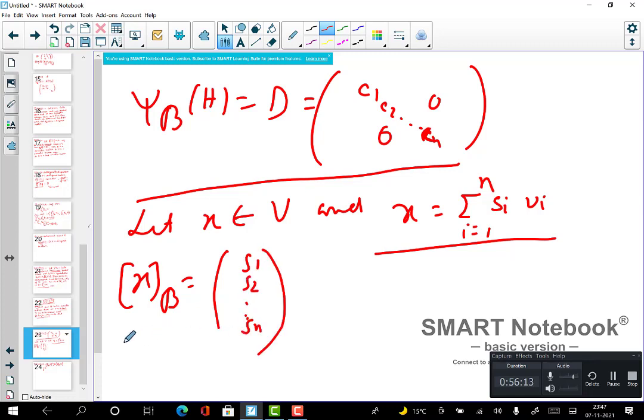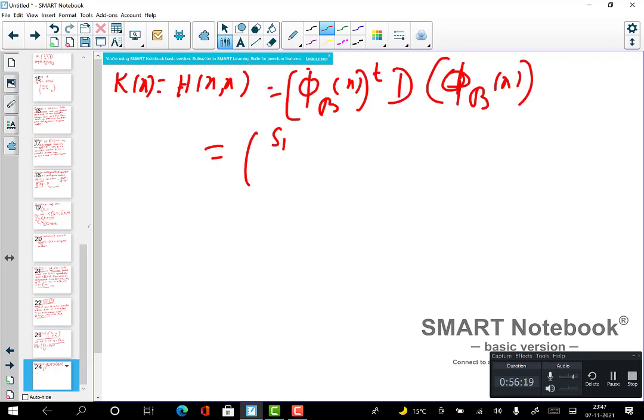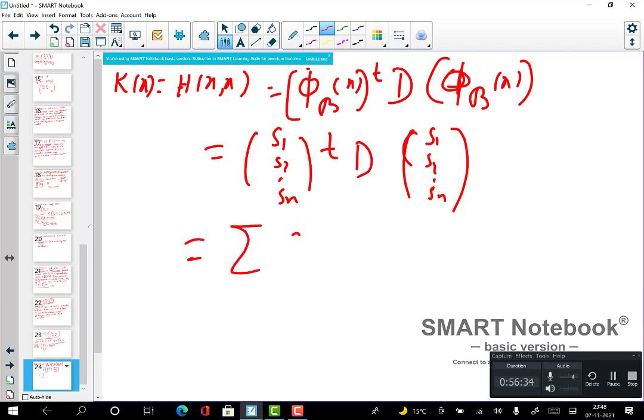So this is S1, S2, ..., Sn transposed, then D, then S1, S2, ..., Sn. You have a diagonal matrix here, and when you multiply these, it is nothing but the summation of Ci Si square, i equal to 1 to n.